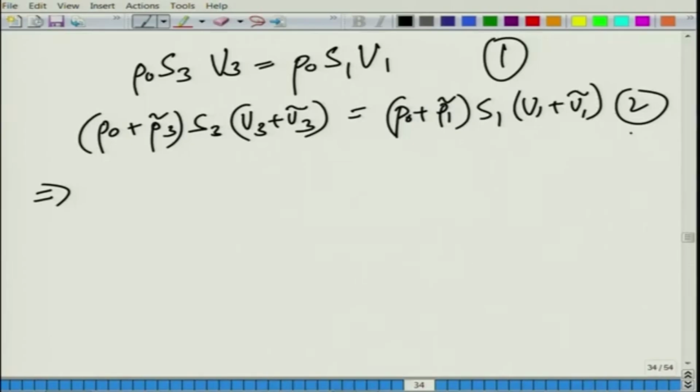Second order terms like rho 1 tilde into U1 tilde will be very small compared to the first order terms. So, ignore that, drop that, and retain only the first order terms. Subtract equation 1 from 2.